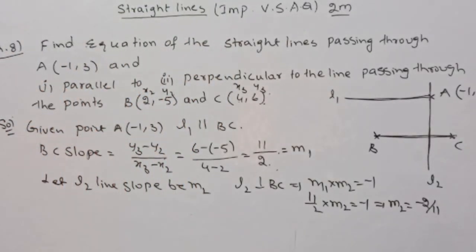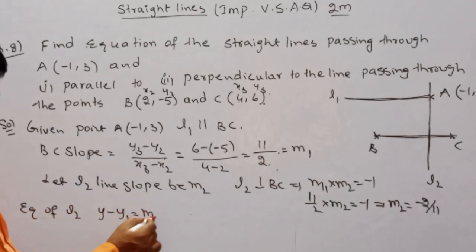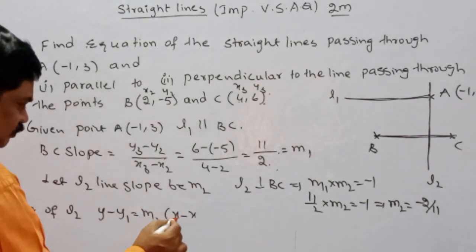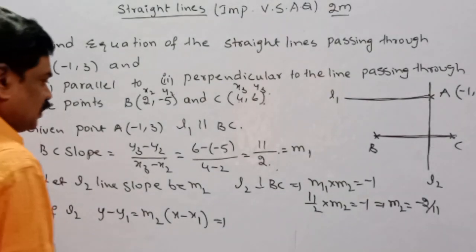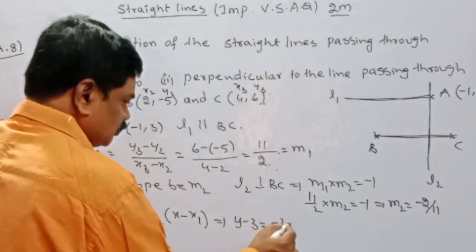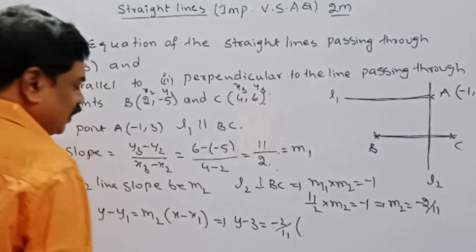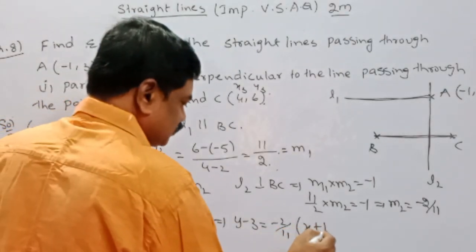Then we have to find the equation of L2. The equation of L2 is y minus y1 equals m2 into x minus x1, which implies y minus 3 equals minus 2 by 11 of x minus of minus 1, that is plus 1.